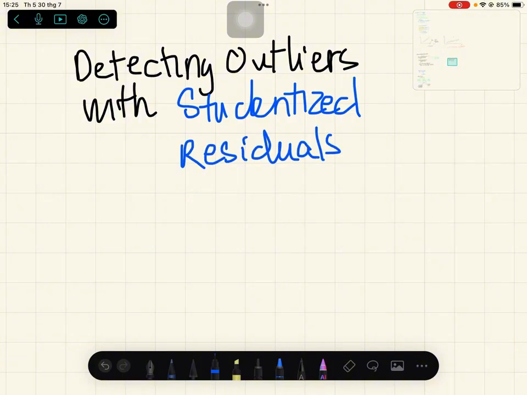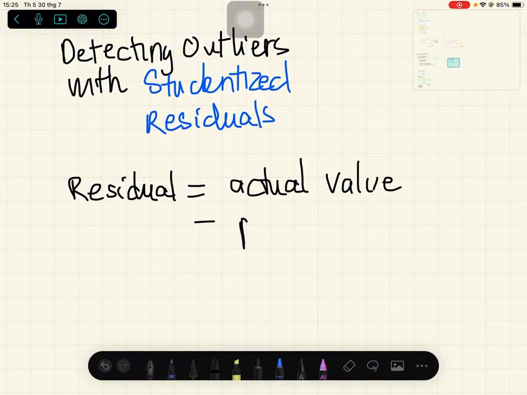Now let's detect observations that don't fit the regression line well. We start with the residual. A residual is simply the actual value minus the predicted value. Large residuals suggest poor predictions, but here's the problem. Residuals naturally vary. Some observations have larger variability than others, so comparing raw residuals isn't fair. Instead, we standardize them. That gives us the studentized residual.